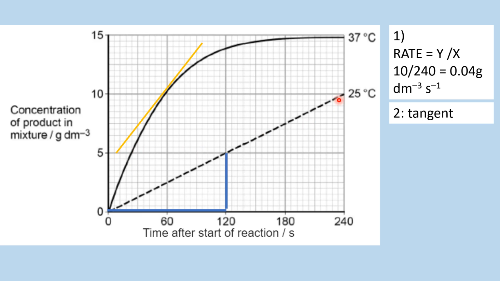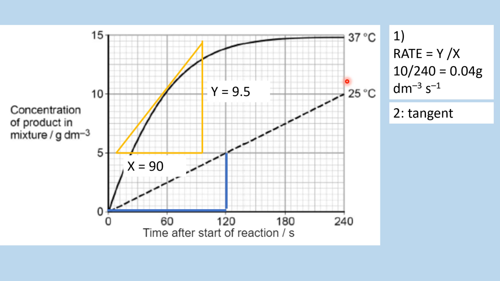You draw a line that has to be above your graph line, just touching that 60, just touching it, and then you draw your triangle. Once you have drawn the triangle, you follow the same equation: rate equals y over x. You find your y, you find your x, and then you divide.